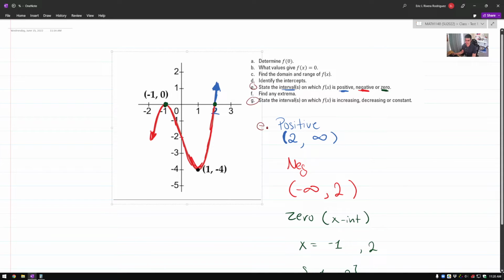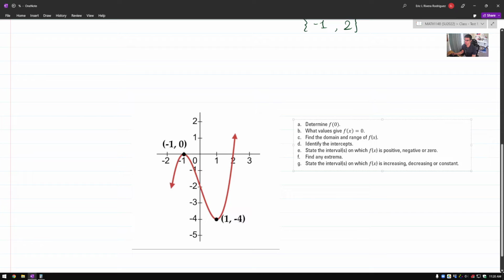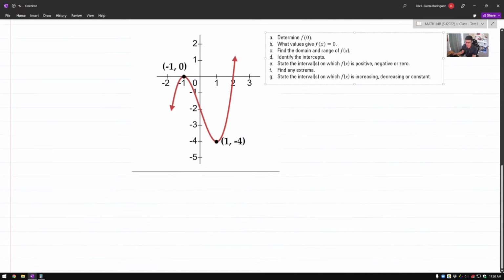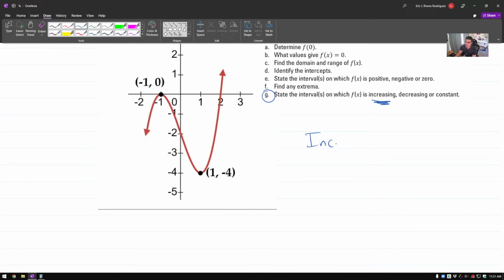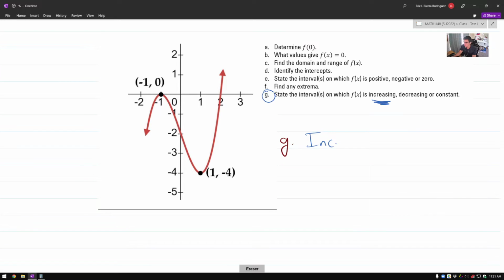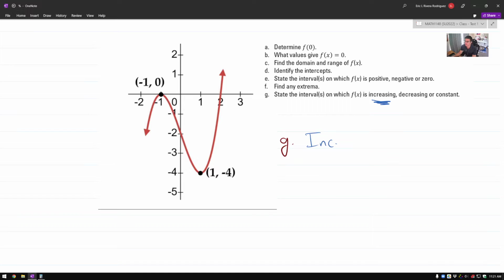Okay, so now let's do G, which is identify increasing, decreasing, or constant behavior. So let's start with increasing. Again, this is location, so we are going to answer based on x coordinates.